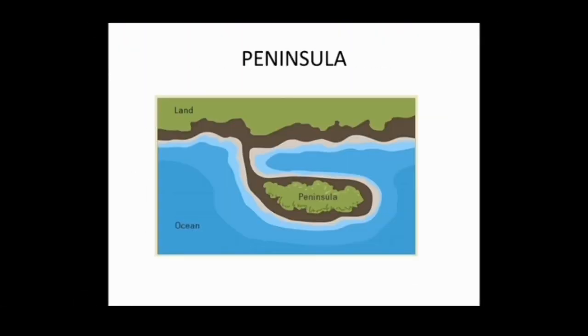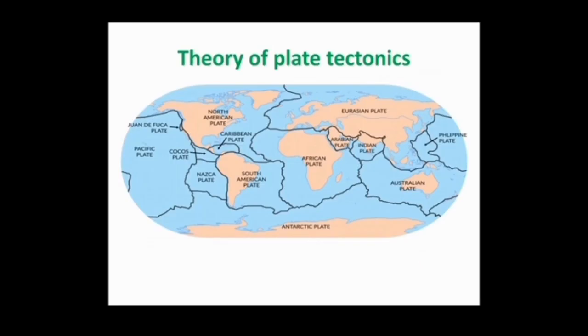You can see from the northern portion it is connected by land. Those lands which are surrounded by water from all sides are called islands. And all the water bodies that are surrounded by land from all sides are called lakes. So don't get confused between peninsula, lake and islands.